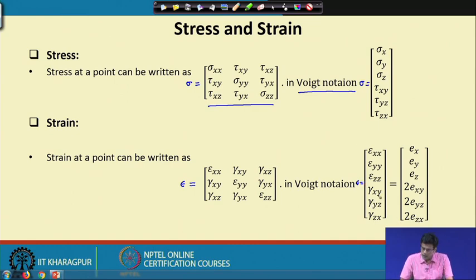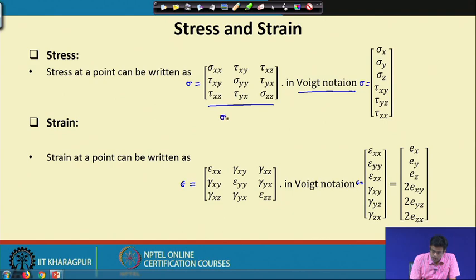Remember one thing, that this 2 epsilon XY is actually the shear strain, and the strain tensor strain. So, these quantities we have learned in the previous module. Now, it is also important to note here that this stress matrix is a symmetric matrix.